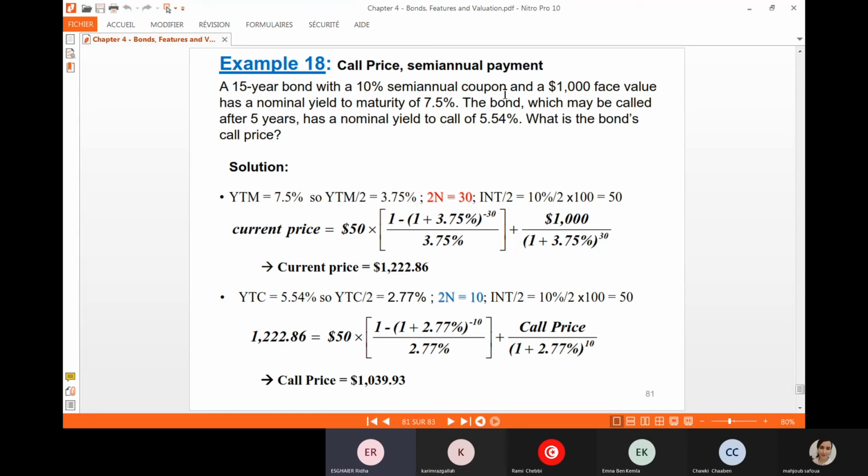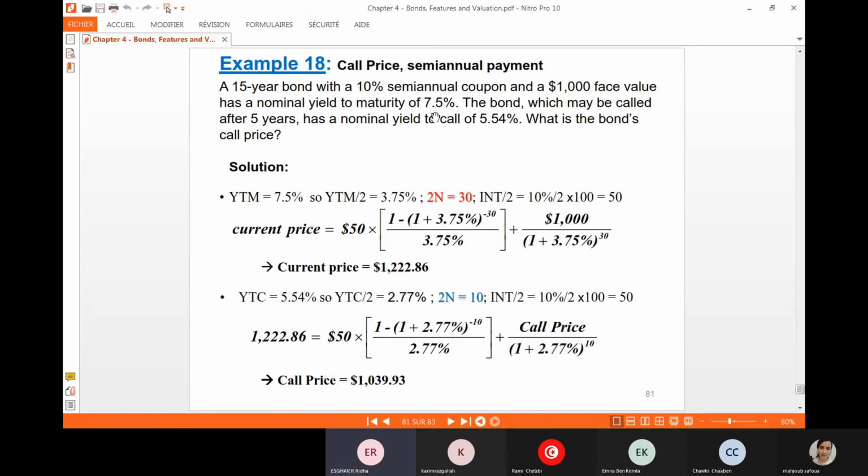What is the call price of the bond that gives you this yield to call of 5.54%? First thing to do, we need to determine the current price of the bond. The bond pays $50 each semester, because it is a semi-annual bond: 5% each semester, 5% times 1,000 gives $50. The number of years until maturity is 15, so you have 30 semi-annual payments and the par value to be received 30 semesters from now.